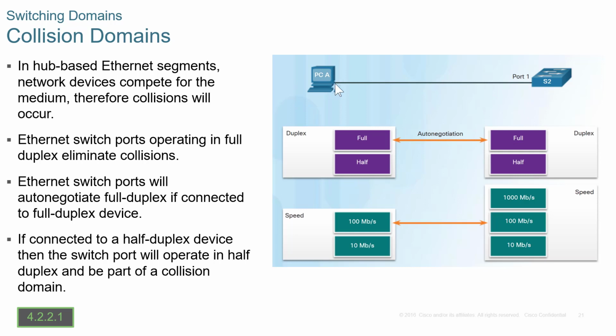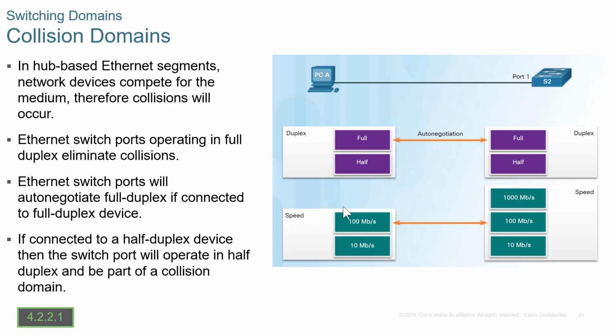It says I can operate at full duplex, and the switch says I can operate at full duplex, and that means full duplex. So what's full duplex? That's where we've got one set of wires transmitting and a different set of wires receiving. So I can be transmitting a frame at the same time I'm receiving a frame because they're on different wires. That didn't happen on the hub. You would have a collision. So collision domain is how big a group of computers can have collisions. You only have that with hubs.